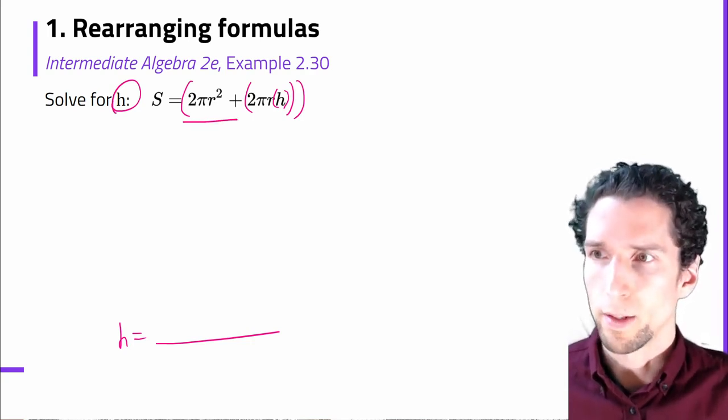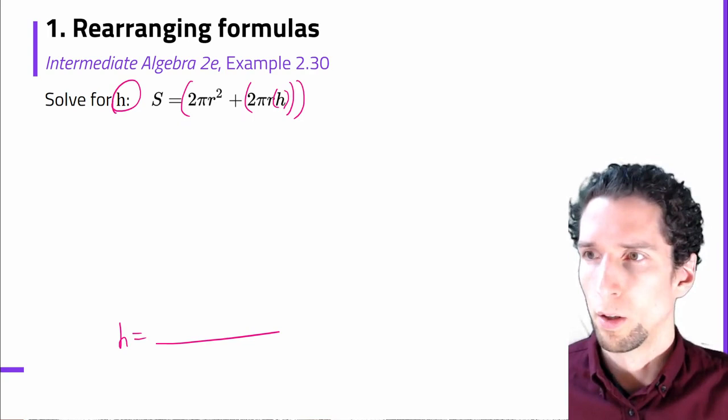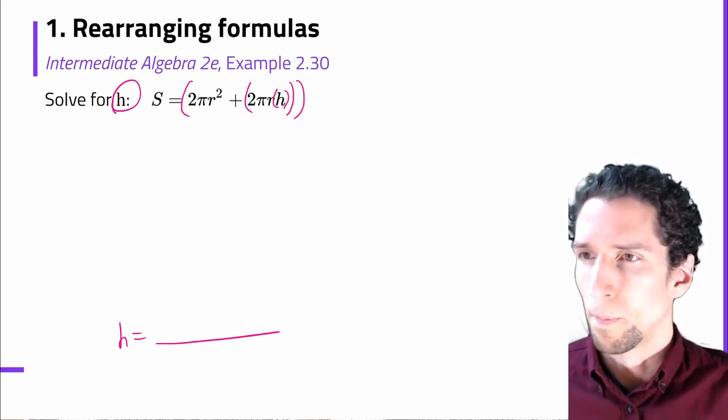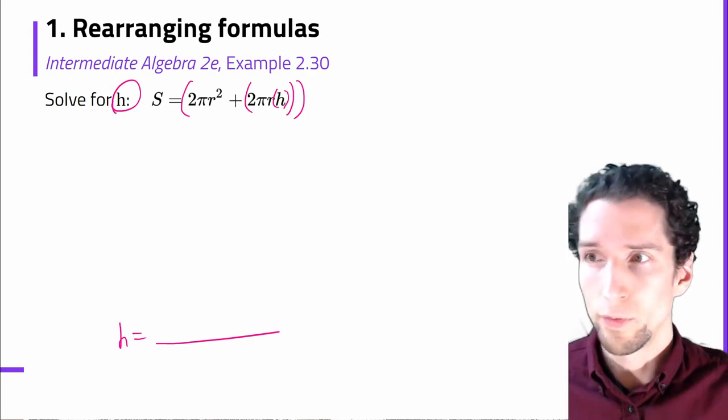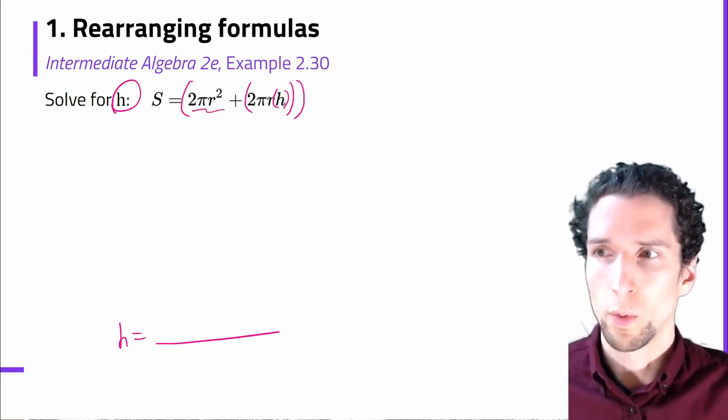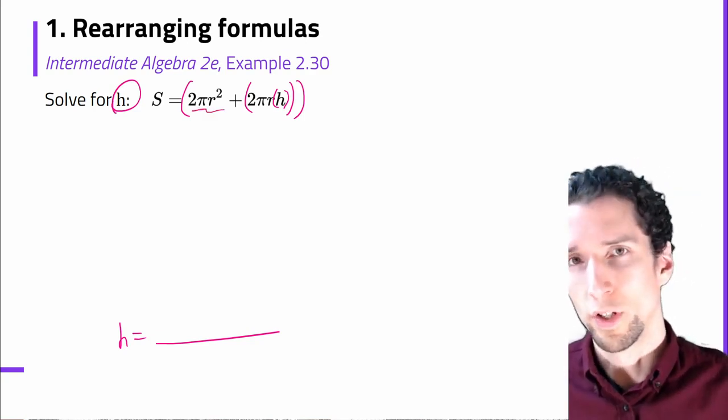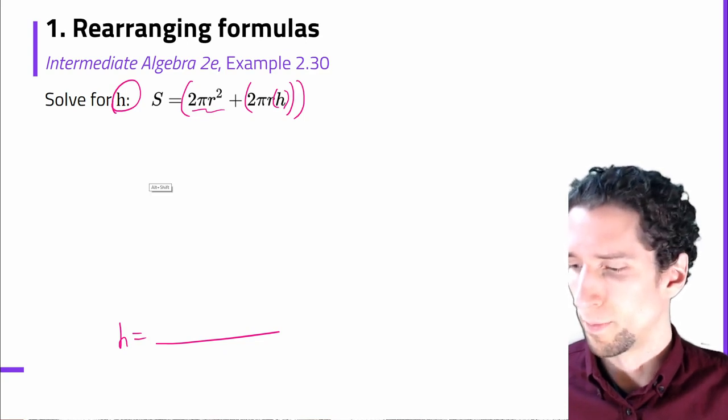So outside brackets we have here. So if I have this positive 2 pi r squared, then I need to just subtract that from both sides.